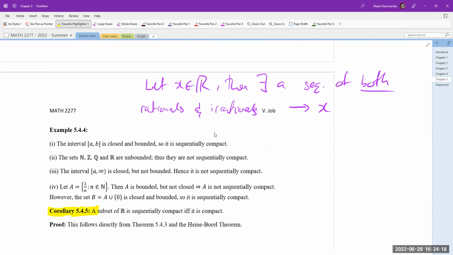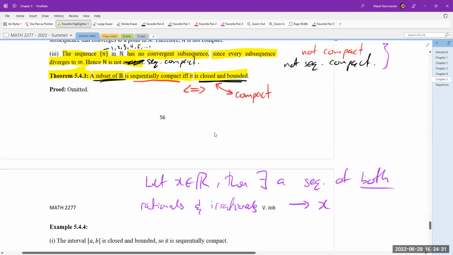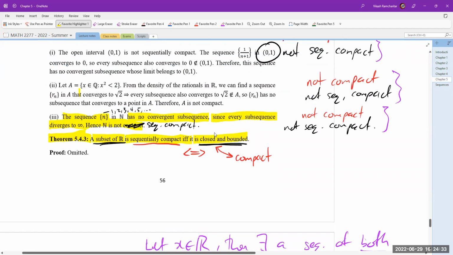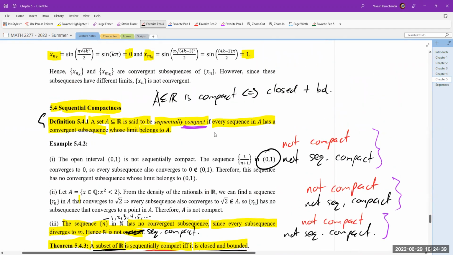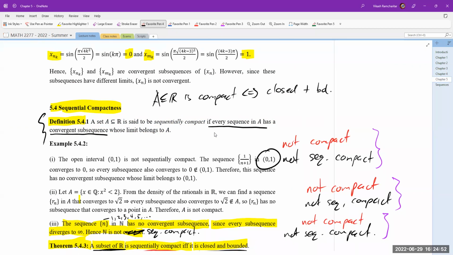And we have this corollary: a subset of R is sequentially compact if and only if it is compact. And the proof of this follows directly from Heine-Borel. So if you want to determine whether or not a set is sequentially compact, you can go from the definition that says every sequence in that set has at least one convergent subsequence whose limit is also in that set.